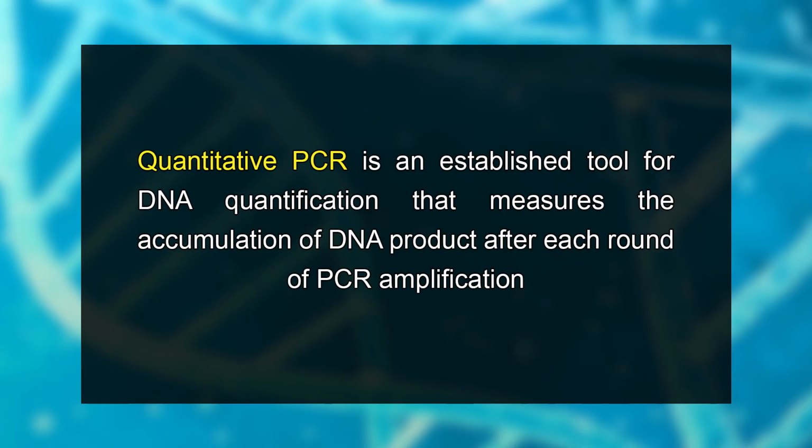Quantitative PCR, real-time PCR, or qPCR methods allow the estimation of the amount of a given sequence present in a sample, a technique often applied to quantitatively determine levels of gene expression. Quantitative PCR is an established tool for DNA quantification that measures the accumulation of DNA product after each round of PCR amplification.